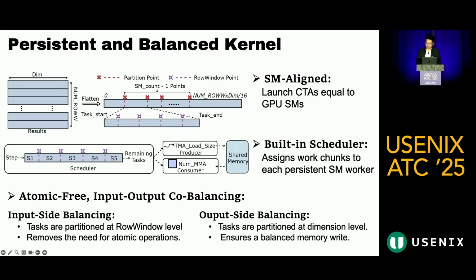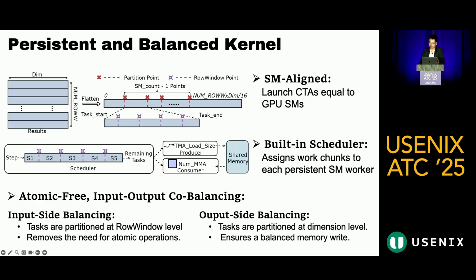And different from existing work, Voltrix uses a co-balance partitioning strategy. On the input side, we partition the sparse data at the row window level, keeping the data clean and contiguous, so no atomic operation is required. On the output side, we slice the dense result matrix by its column, so each CTA gets a fair share of output rows.